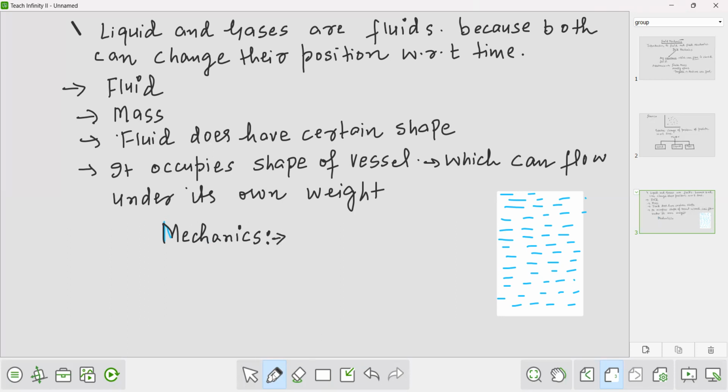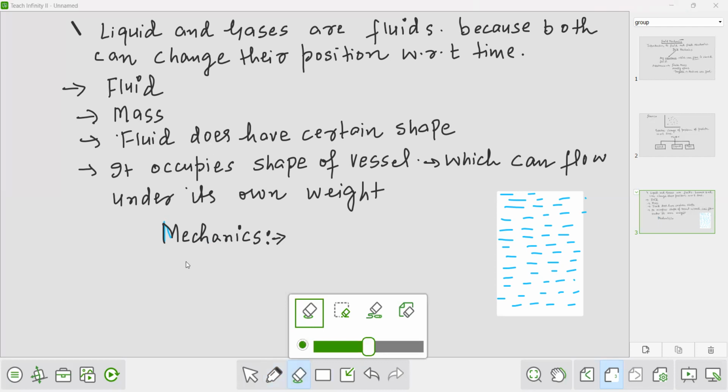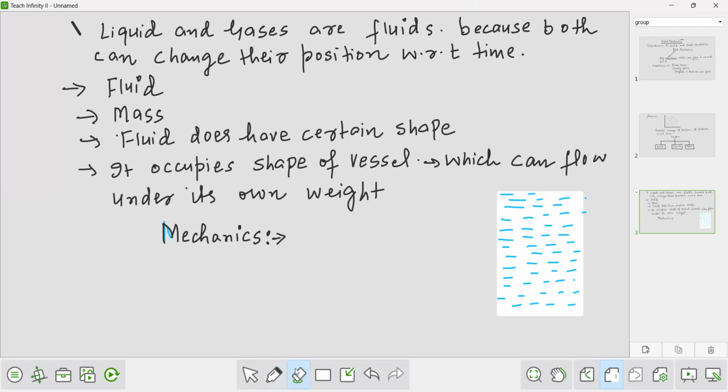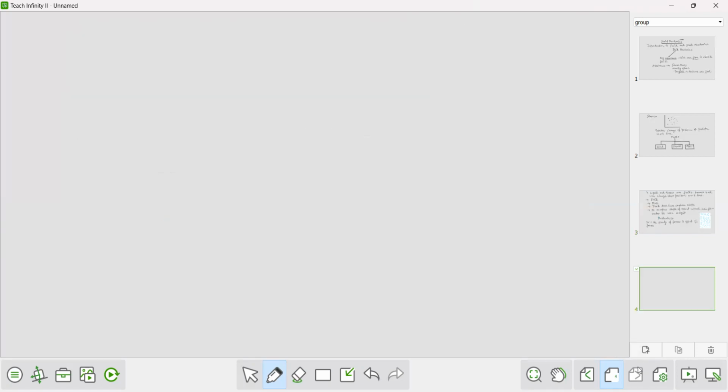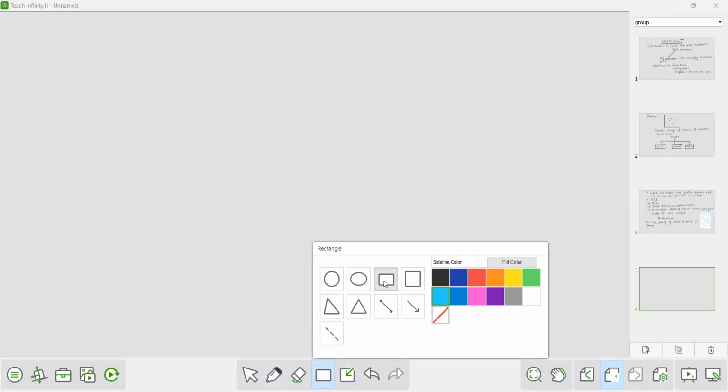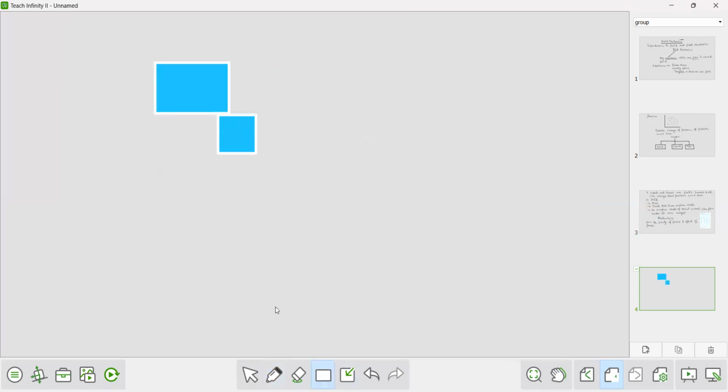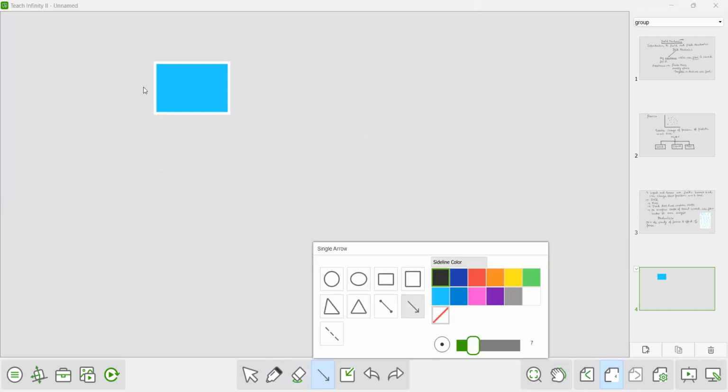What is this mechanics? It is the study of forces and effect of forces. What is that? For example, this is a block, and you are going to apply some force from here.